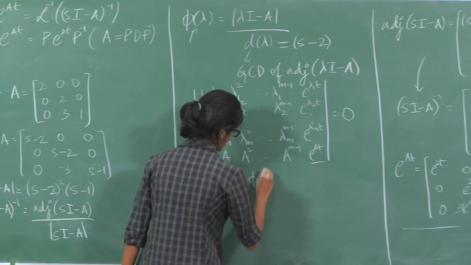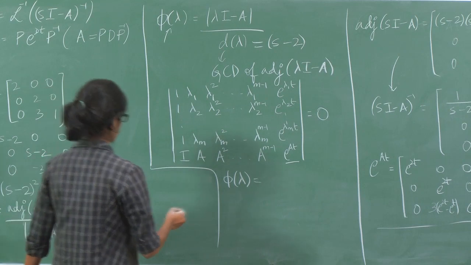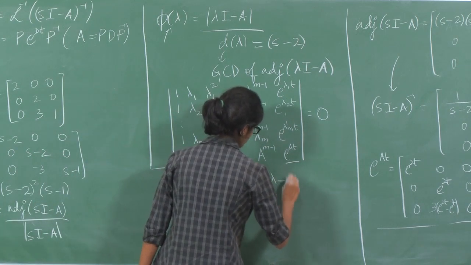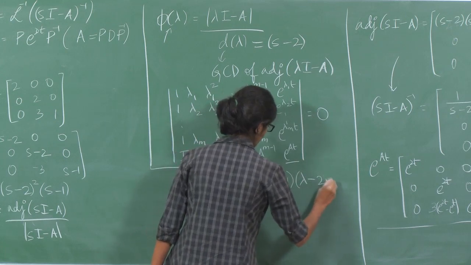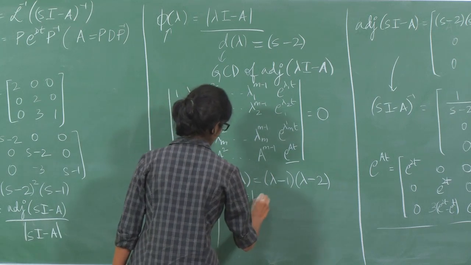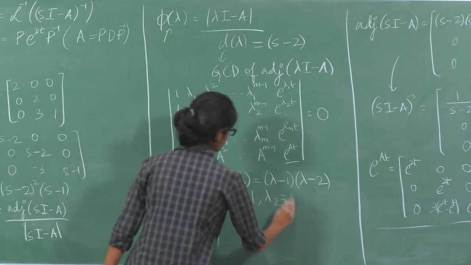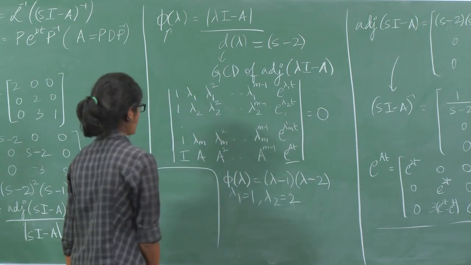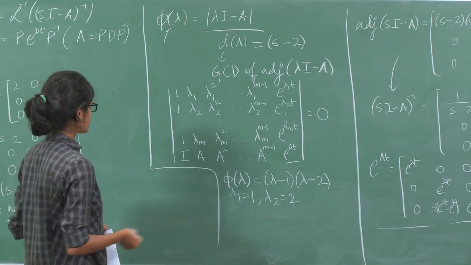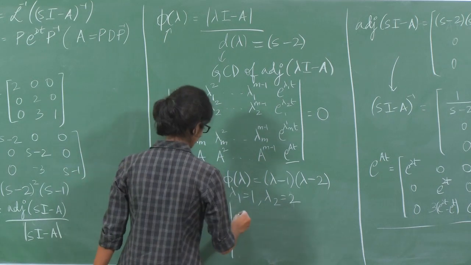So we have phi of lambda equals (lambda minus 1) into (lambda minus 2). So we know our lambdas here: lambda 1 is 1, lambda 2 is 2. And we use this formula to calculate e power At. So you can just substitute here.